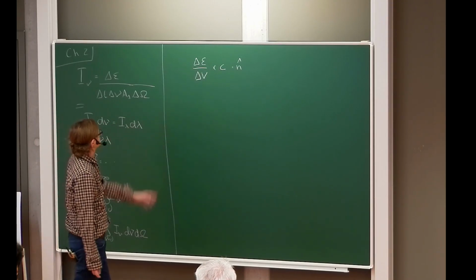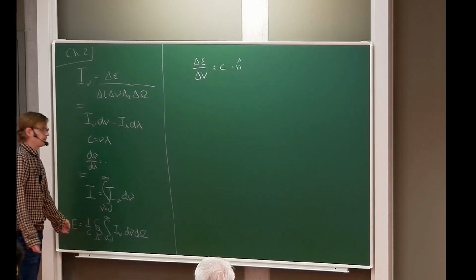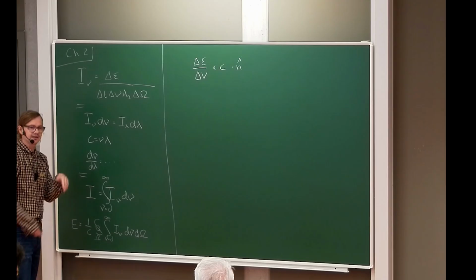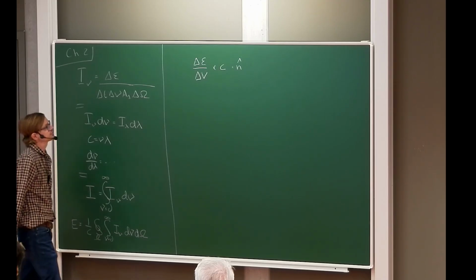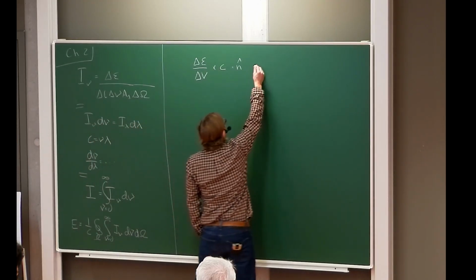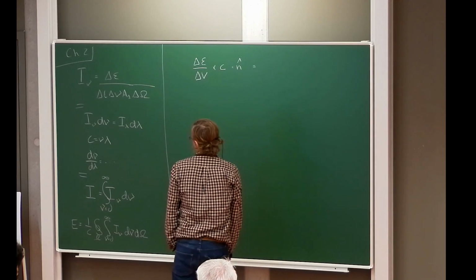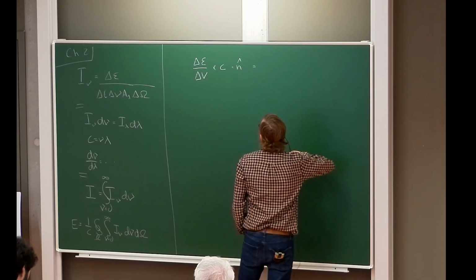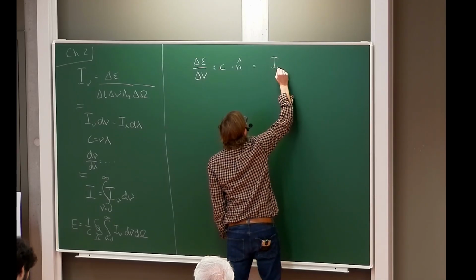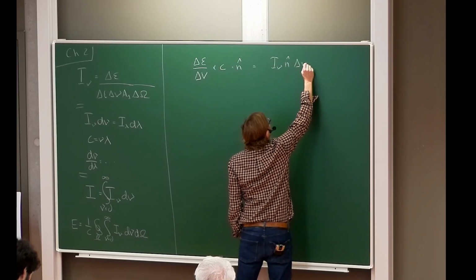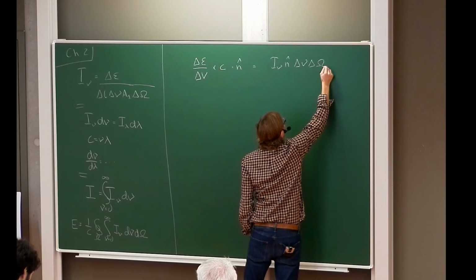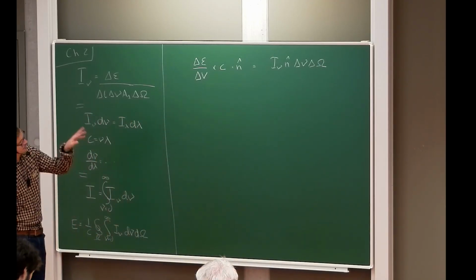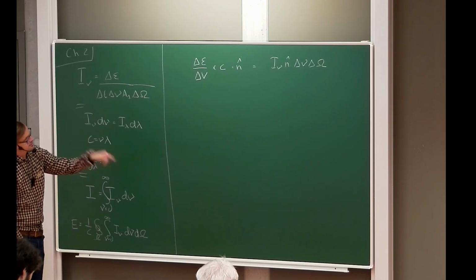But from this, if you remember how we set up our energy density, and if you don't, you go back and look in your course book, in your notes, then we know that the c there will cancel, but now we will have an n hat, so this will actually be I_nu n hat delta nu delta omega. So then we get it in a certain bandwidth and certain solid angle.